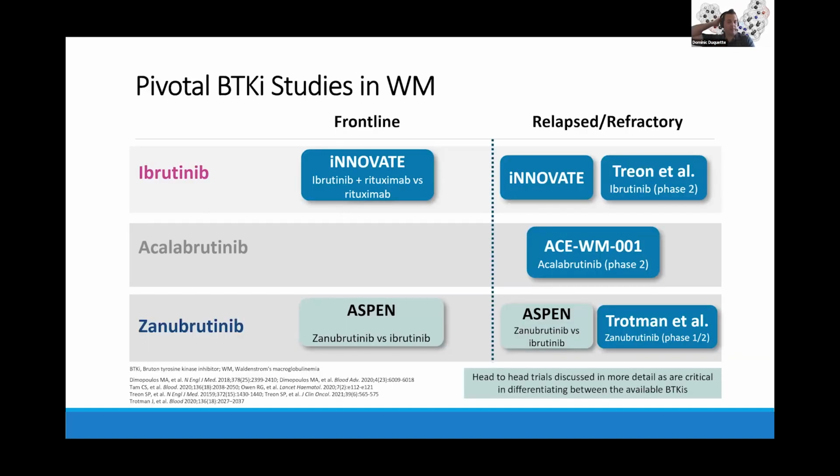So here are the studies. There are fewer studies in acalabrutinib, which is why it's not approved in that indication. But we do have a couple, and the ASPEN study was a comparative trial between zanubrutinib and ibrutinib.